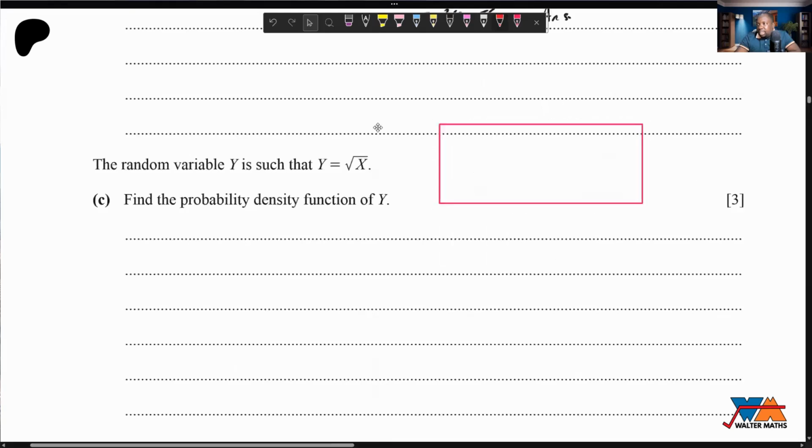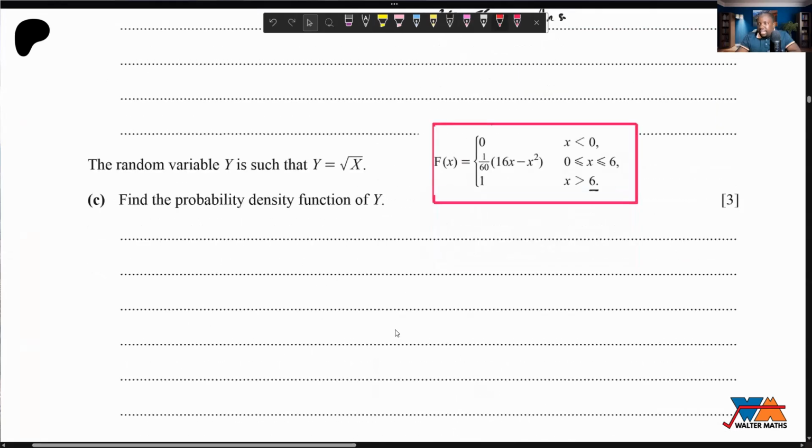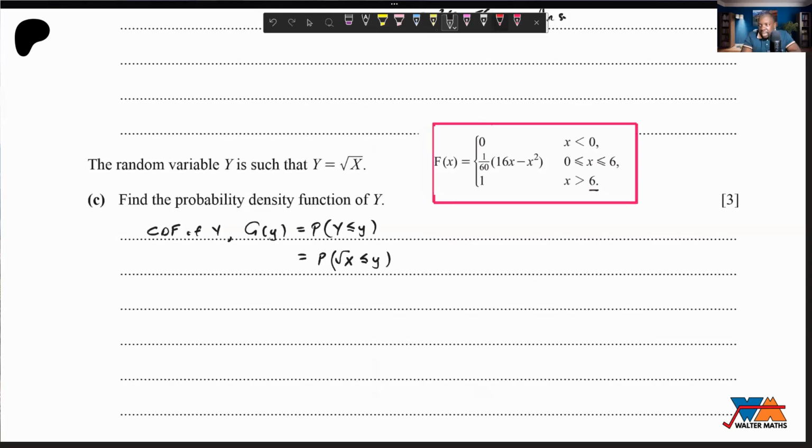We're going to start by finding the CDF of y, which is g of y, which is the same as the probability that y is less than or equal to small y, which is the same as the probability that root x is less than or equal to y, which is the same as the probability that x is less than or equal to y squared, which is the same as f of y squared, basically.